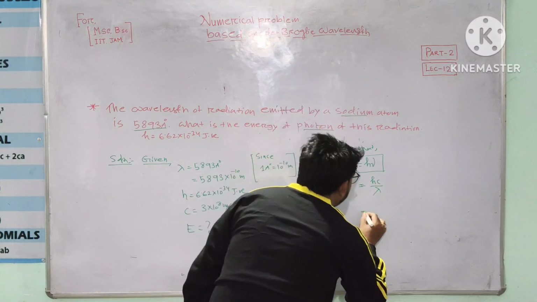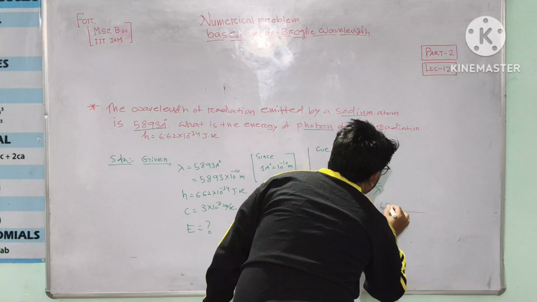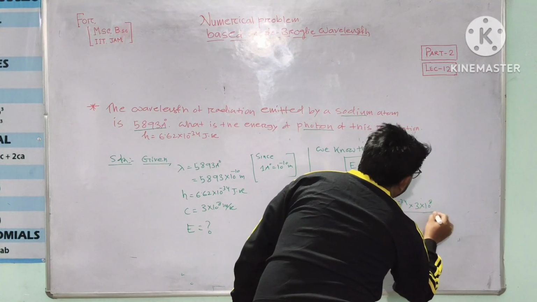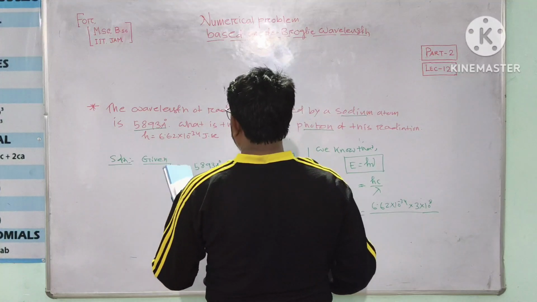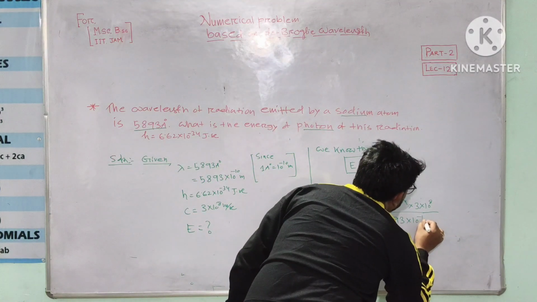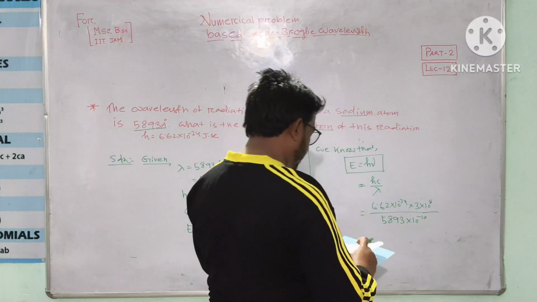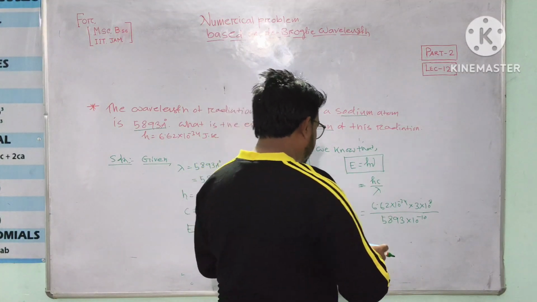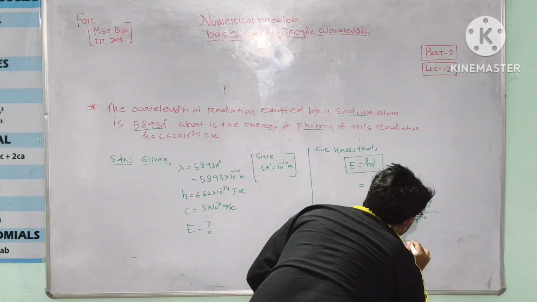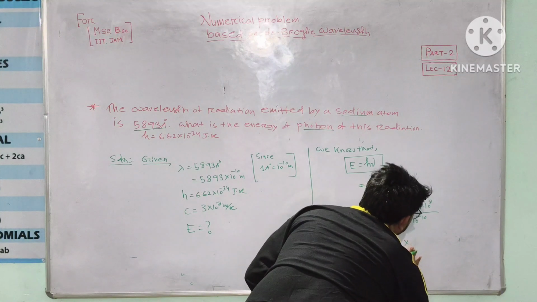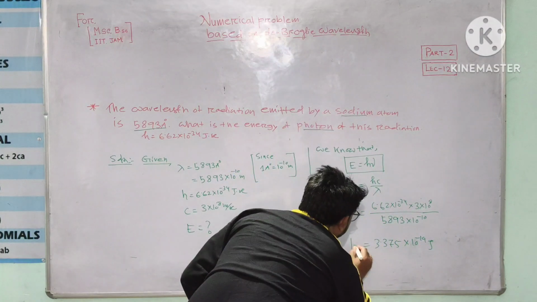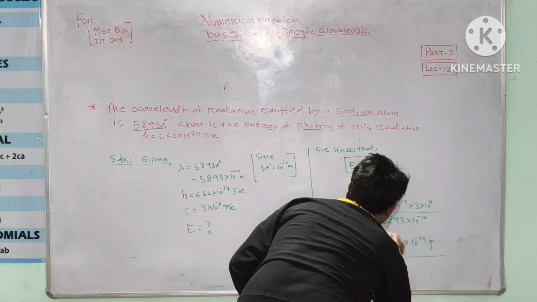The value of h equals 6.62 into 10 to the power minus 34, and c equals 3 into 10 to the power 8, and the value of lambda equals 5893 into 10 to the power minus 10. After solving this part, we will get 3.375 into 10 to the power minus 19 joule. So this is our required energy of the photon particle.